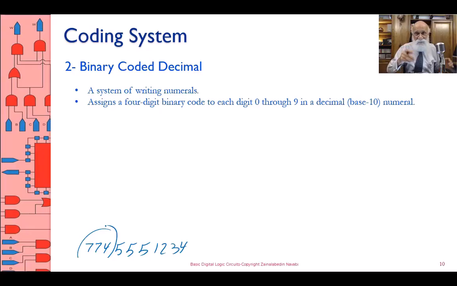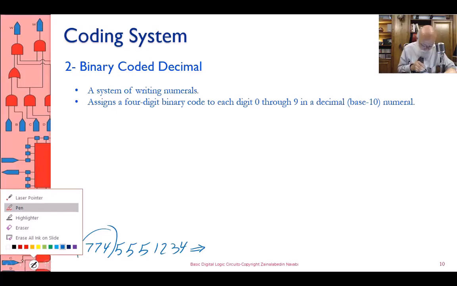Alternatively, instead of taking the entire number, turning it into binary, what I can do is do one digit at a time. The digits are between 0 and 9, and if I want to do one digit at a time, I have to do 0 through 9. I require 4 bits, even though I'm not going to have 10, 11 to 15, but then if I want to do one digit at a time independently, I need 4 bits for each digit.